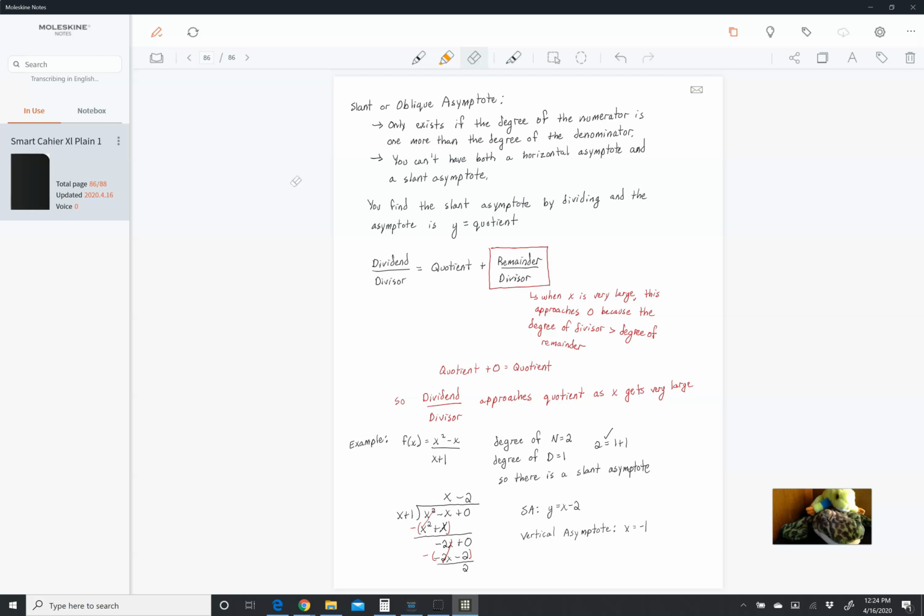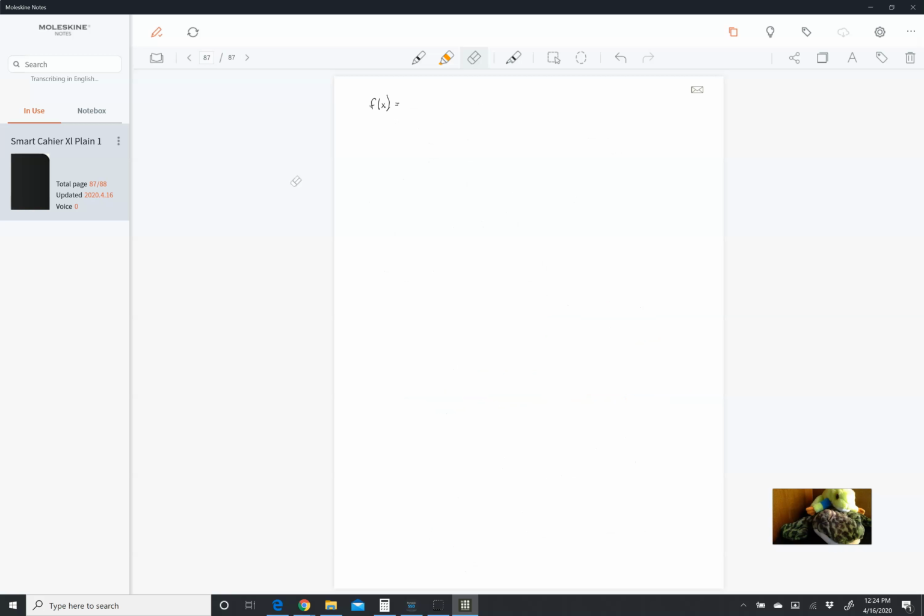Let's take another example. Let's say that we have f of x is equal to x squared minus x minus 2 over x minus 1. So again, here, the degree of the numerator is equal to 2.